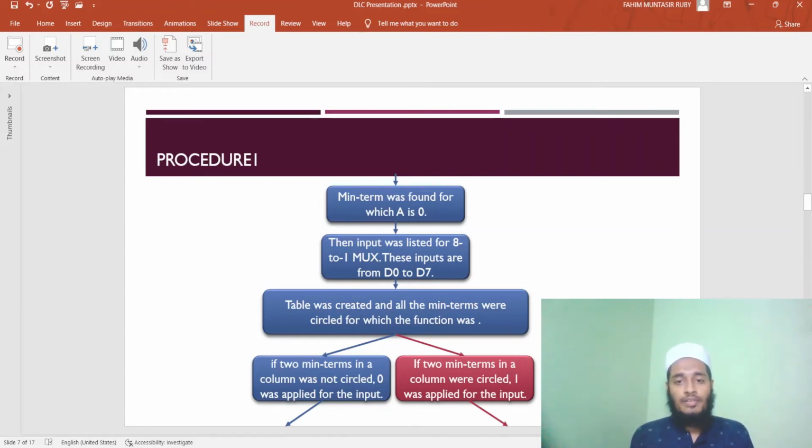A table was created and all the min terms were circled for which the function was 1. If two min terms in a column were not circled, 0 was applied for the input. On the other hand, if two min terms in a column were circled, 1 was applied for the input.